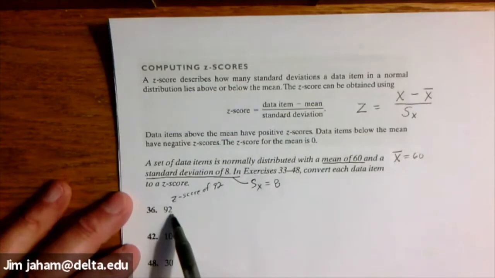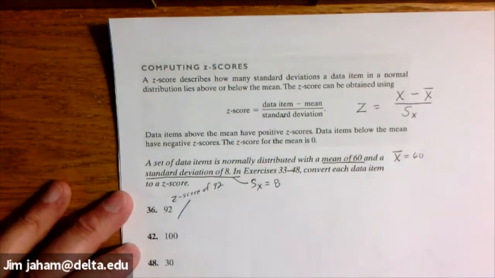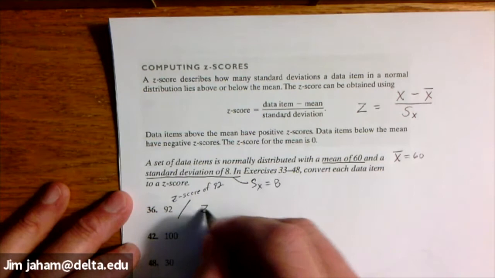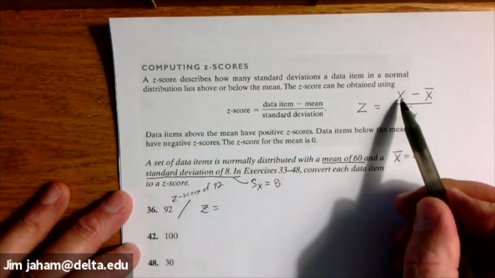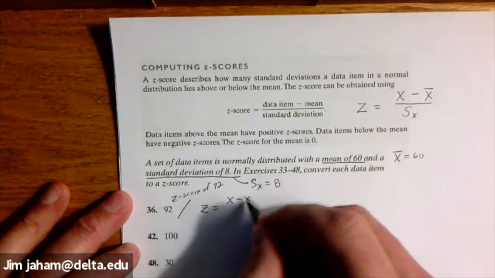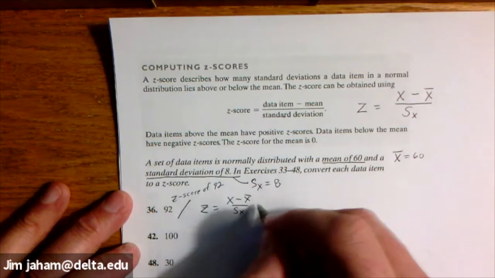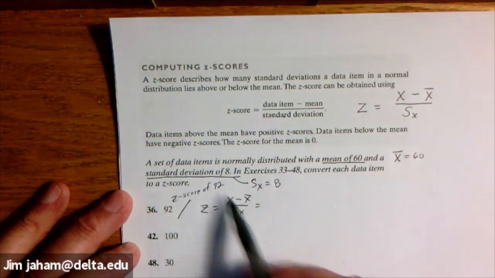So the z-score for 92, this is how the calculation would go. Z equals the data value minus the mean divided by the standard deviation. So just plug in the three numbers that we know.